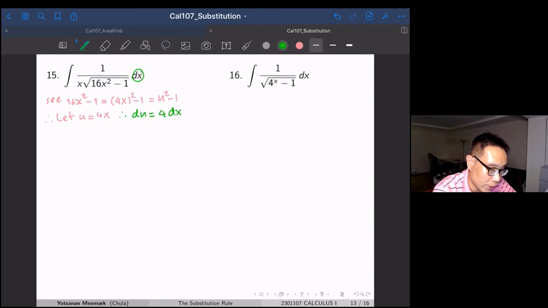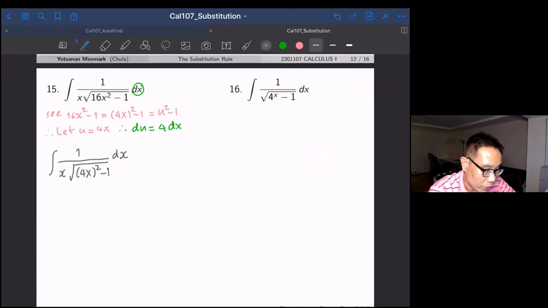But you need 4x, so let me write x first. It's going to be 1 over x times the square root of 4x squared minus 1, and you have dx.